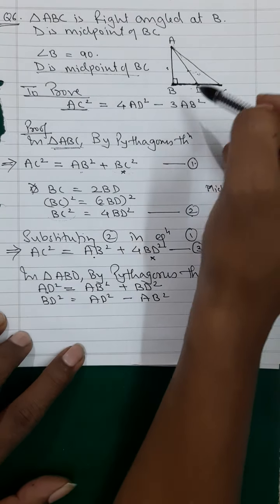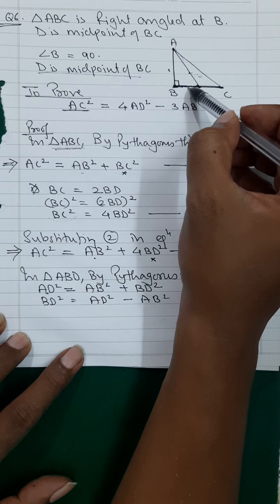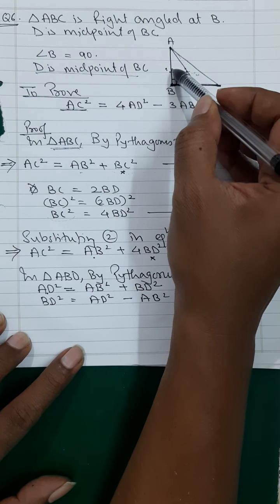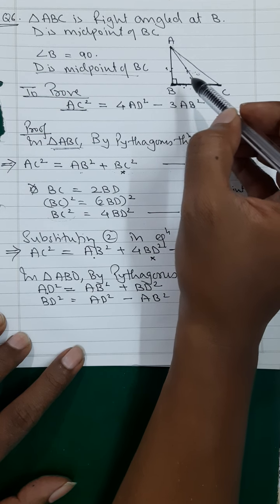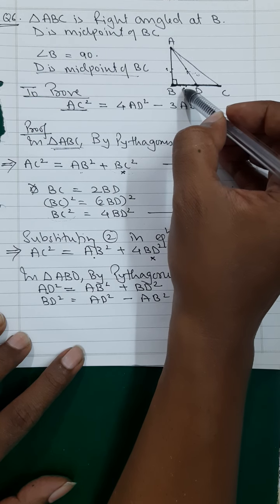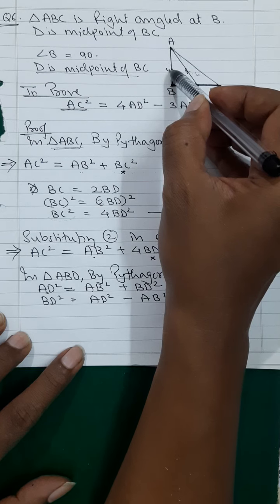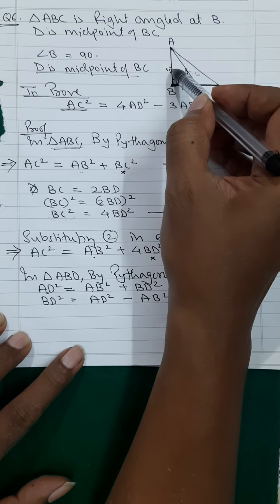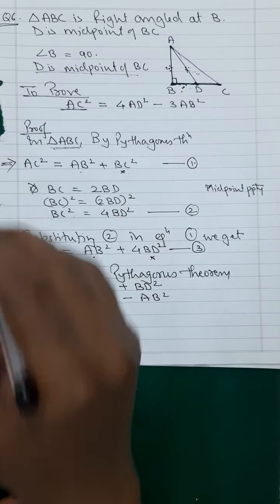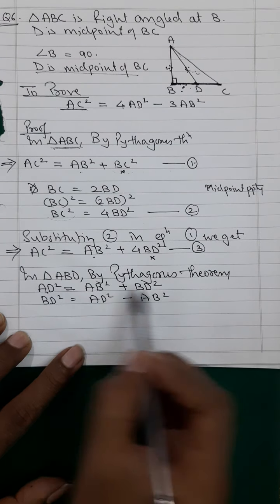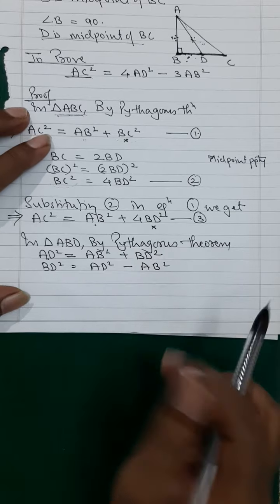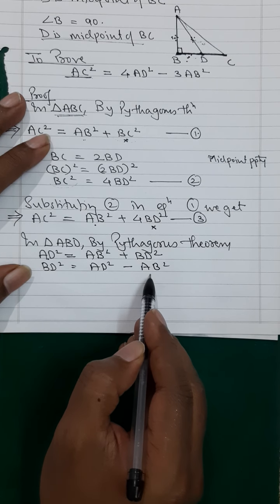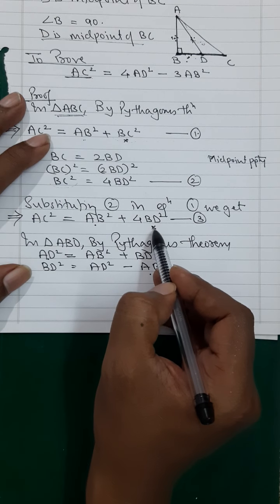It is high time you understood: if I consider hypotenuse square is equal to side 1 square plus side 2 square, then side 1 square is equal to hypotenuse square minus side 2 square. If this is my side 1 square, then AB square is equal to AD square minus BD square. If you are able to make this out, you will be saving one step. You can directly write this, no problem. So BD square is equal to AD square minus AB square. So you have got an expression for BD square.